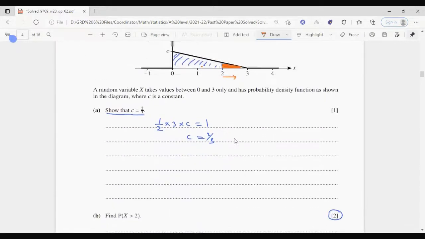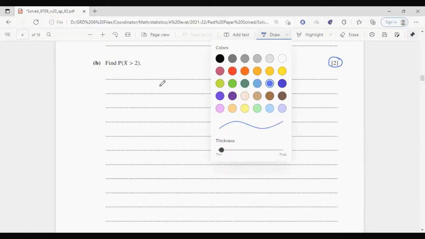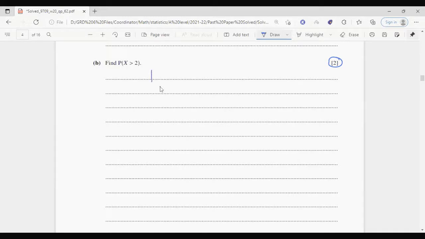So let's imagine the given triangle from 0 to 3, and that is C, and the smaller triangle which we need to find out, which starts from 2 and goes up to 3. The area of the big triangle is 1. This is the area that we need to find out.